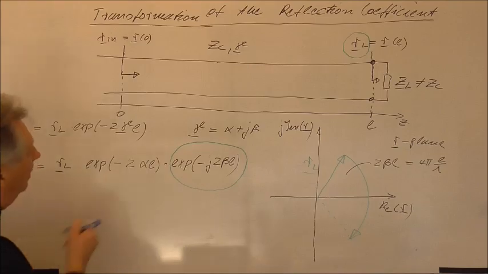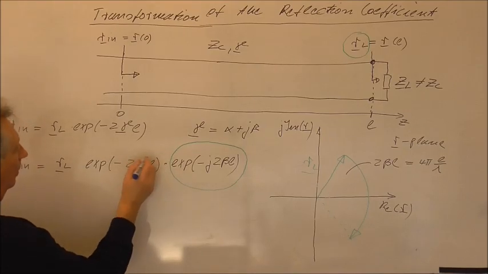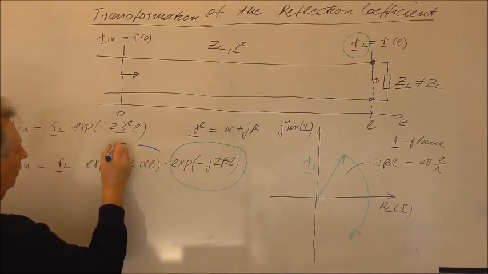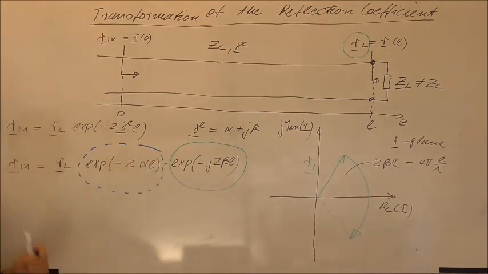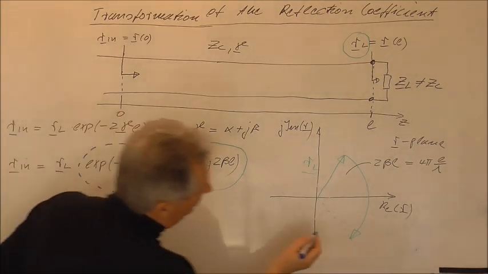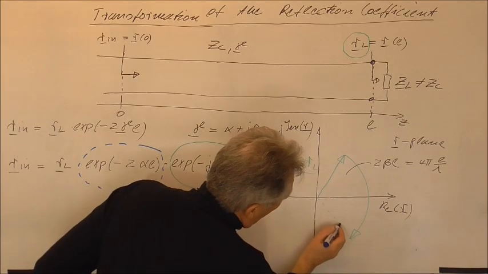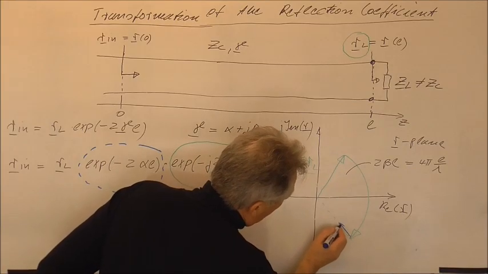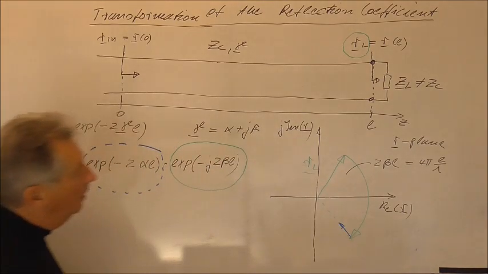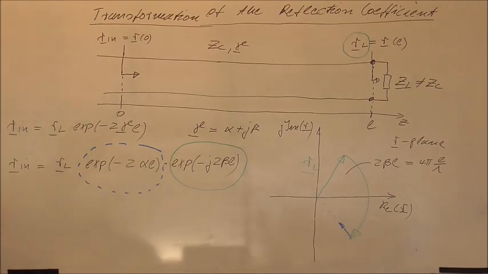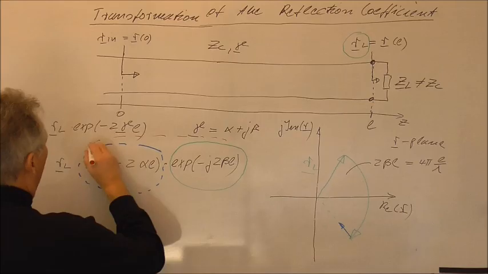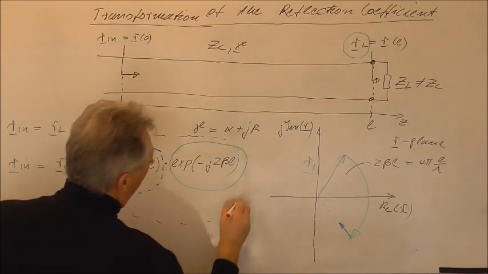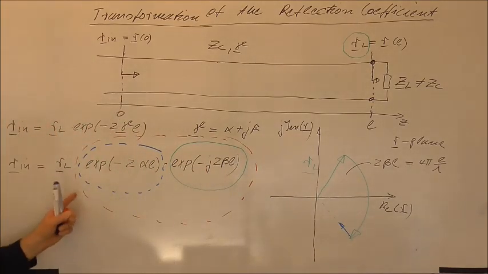And here of course we will have a second term which will reduce the length of our reflection coefficient. This means we go into this region here, and if I have a look at the overall transformation, then this will be the composition of those.